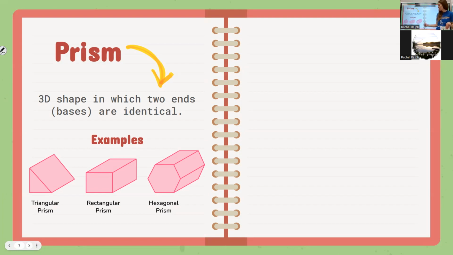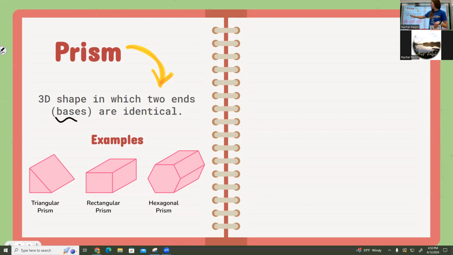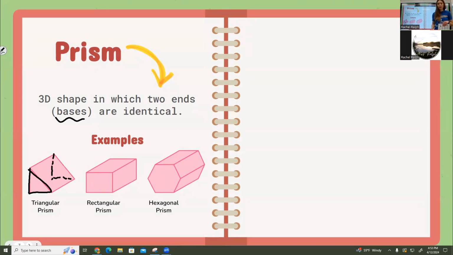When they say the bases are identical, if we look at the triangular prism, we've got a triangle. On the opposite side, if you could see through that, there would be another identical triangle.